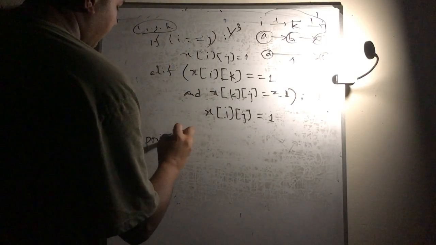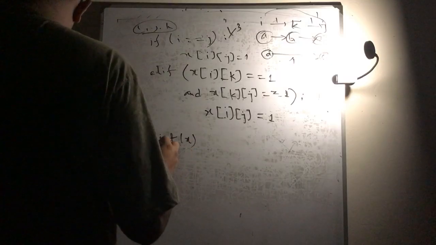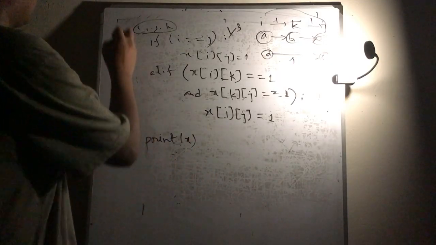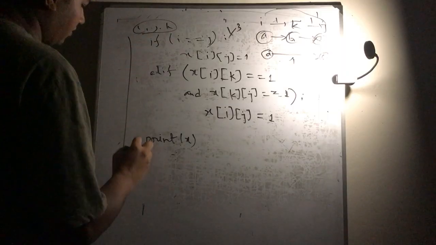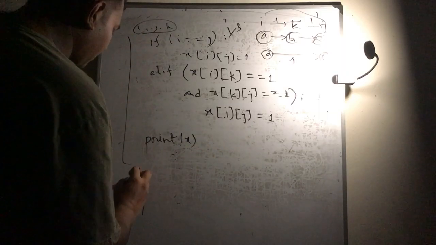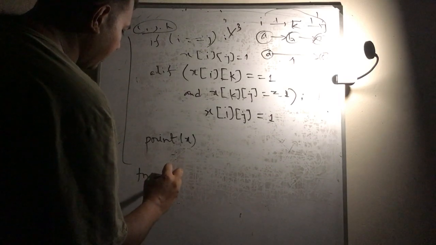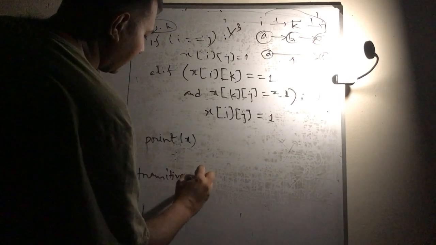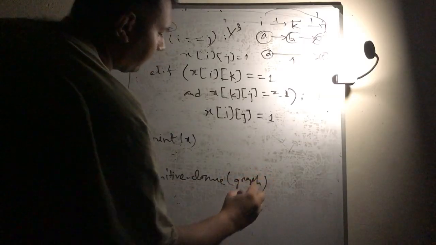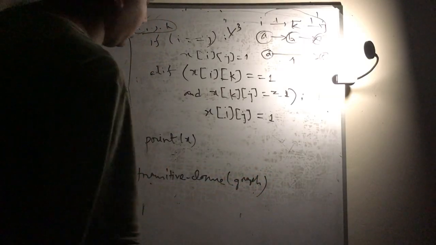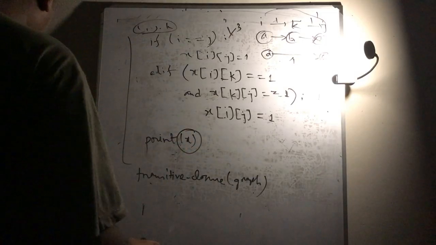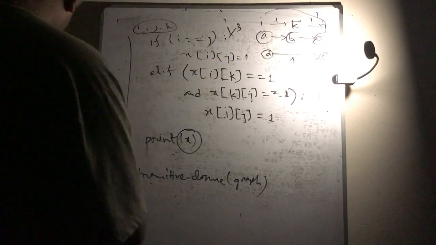We return x. Okay. Done. Now this was our transitive closure function. Finally we use transitive closure on the graph. So we call the function and the function prints x. What is x? We have already seen the output.